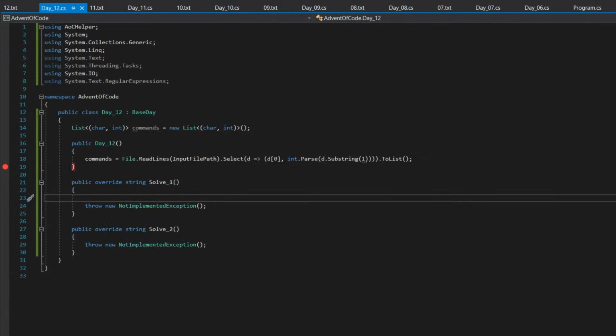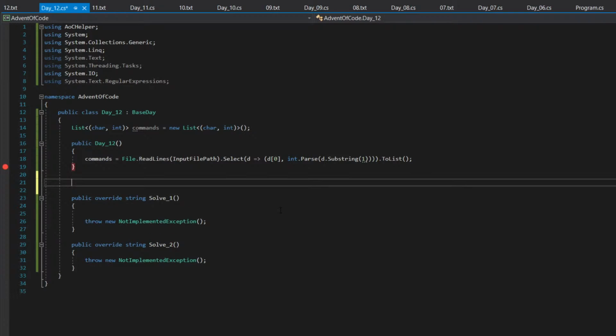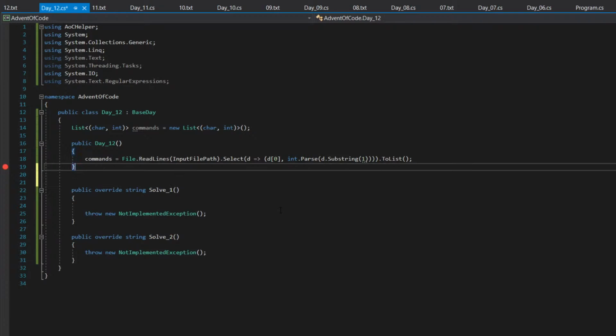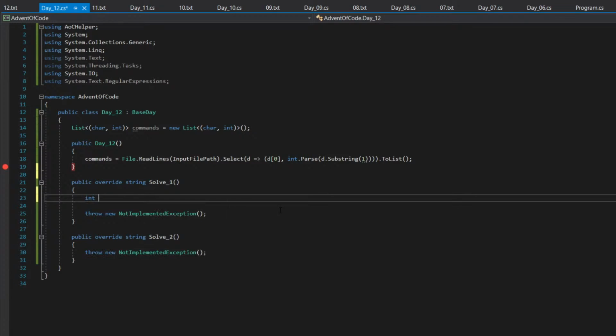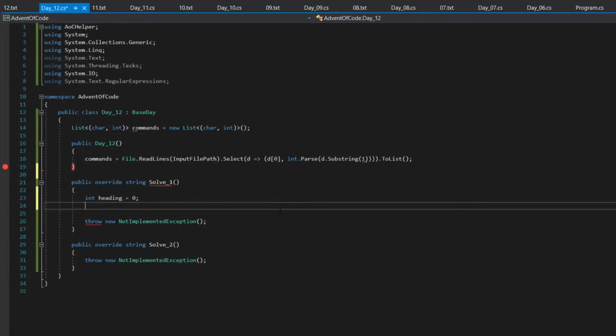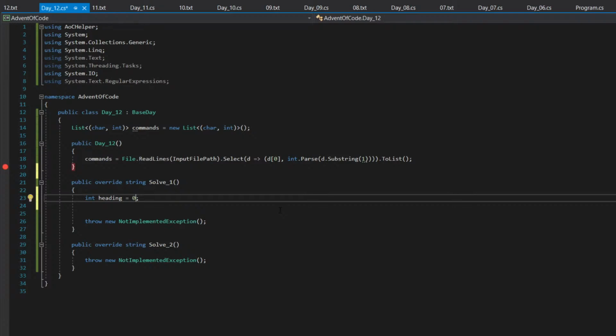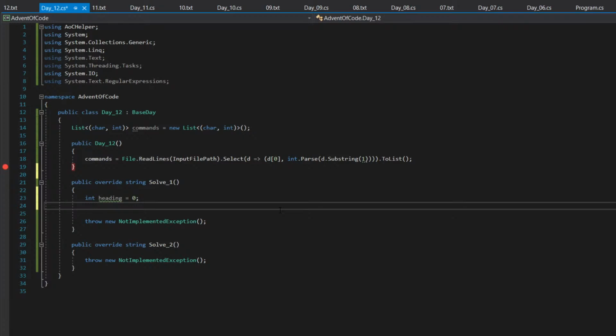So we need to move in the directions. So we're going to have a, what would we call this? Heading? So we're going to start with a heading of 0, which is facing east. Right, and then adding degrees will spin us clockwise.